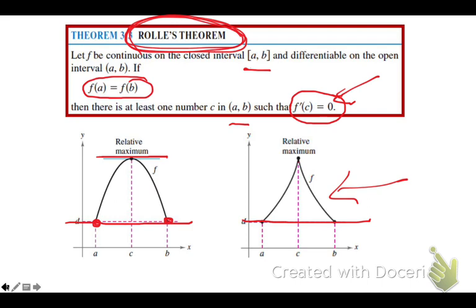This is not continuous, so Rolle's theorem doesn't work. We have to use other methods that we will discuss later on. So I can't use Rolle's theorem to find the max or min. I will have to use something else, but there will be something else that I can use later on.